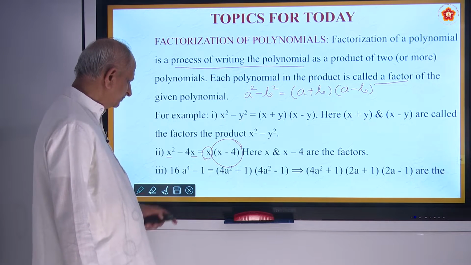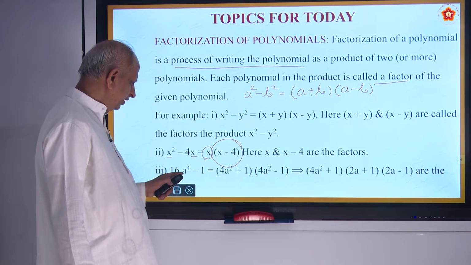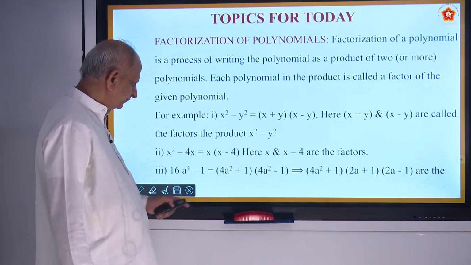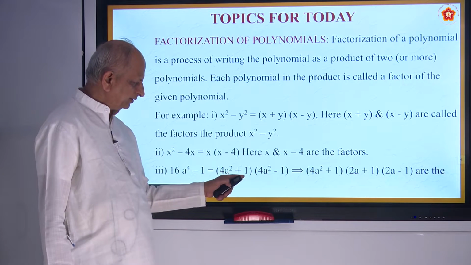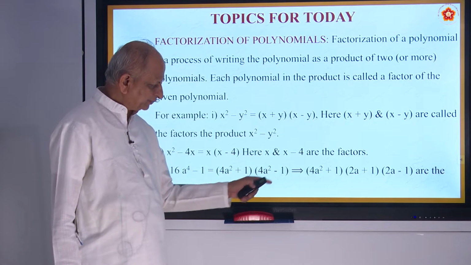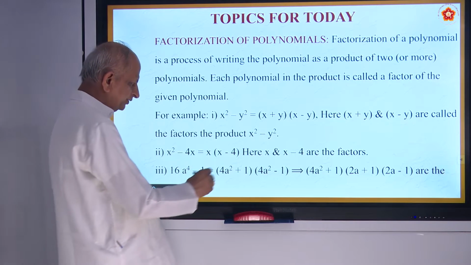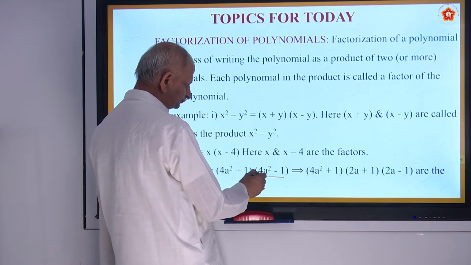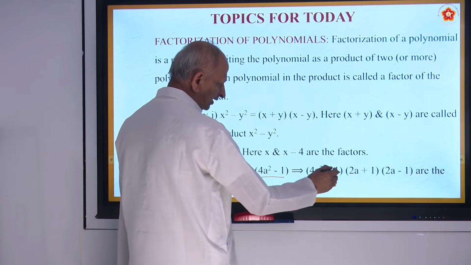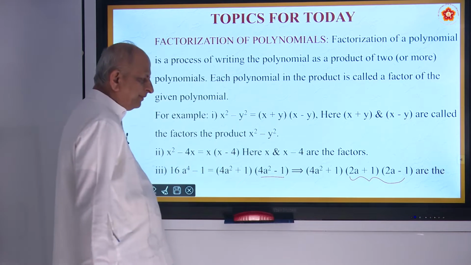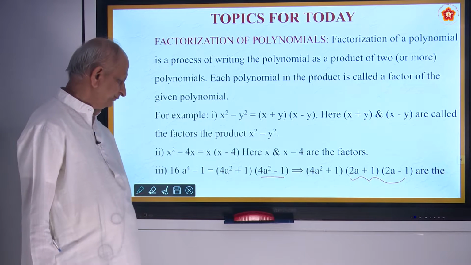One more example, 16a⁴ − 1 can be written as (4a² + 1)(4a² − 1). And it is not complete because it can be split again. 4a² − 1 can be written as (2a + 1)(2a − 1), that is the simplest form.